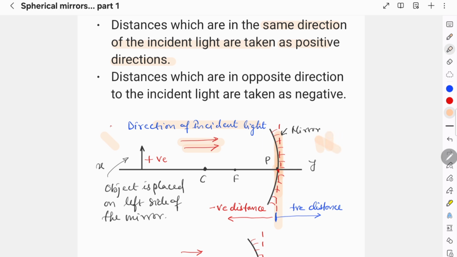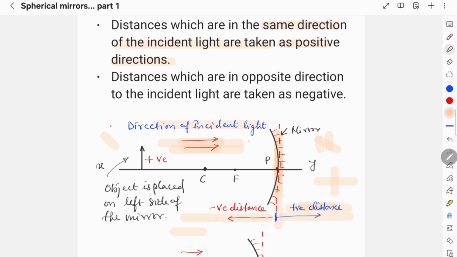So any direction which we measure from the pole in the direction of the incident light will be taken as the positive direction. So the incident rays are coming from left to right, and from the pole this distance is from left to right. So this is taken as the positive direction. Now if we are measuring any direction from right to left from the pole, that is this direction, this will be taken as the negative direction because this is moving in the direction which is opposite to the direction of incident light.